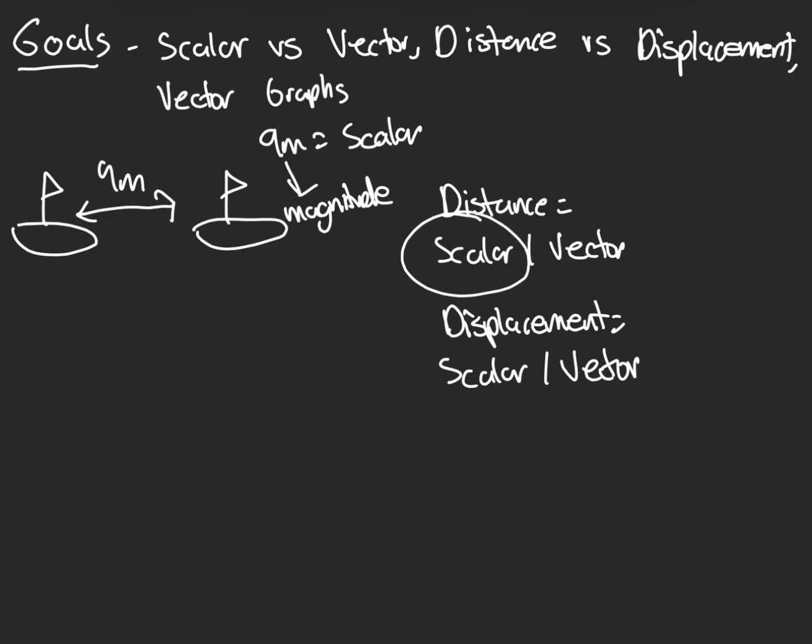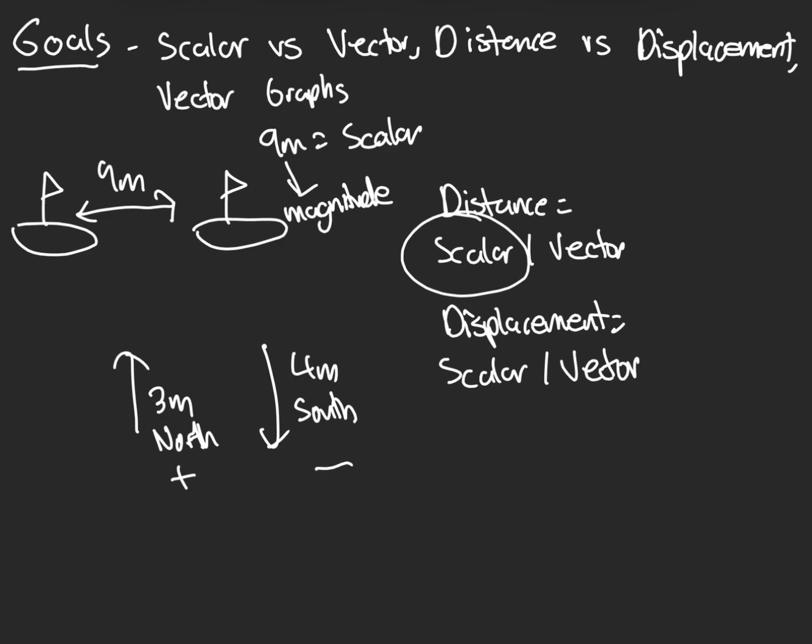Okay? So if I were to say that I walked forward 3 meters, so that'll be 3 meters north, and I walked backwards 4 meters, so 4 meters south, what do you think my displacement would be? Well, first of all, we would like to set 3 meters north as positive and 4 meters south as negative since they're opposites.